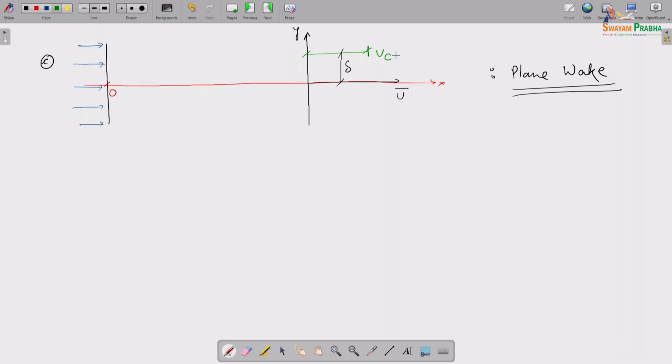And what should be the difference? The difference is, well, we just have to write here, there should be some difference in the velocity. Let's just say it is this, right? So I'm just representing that. So this is essentially the plane wake.